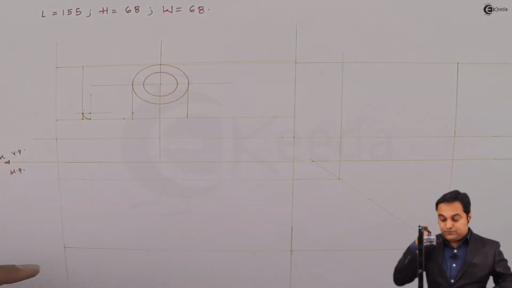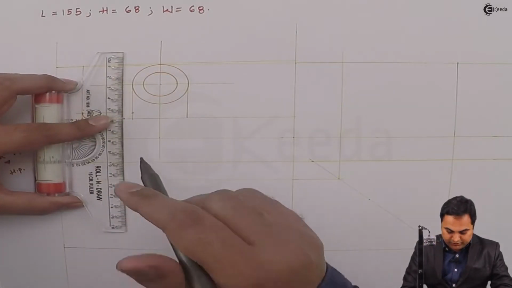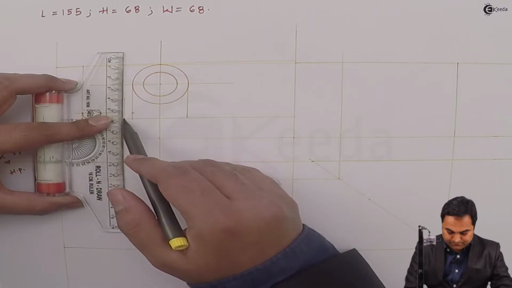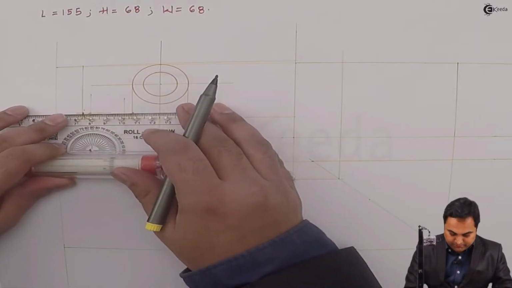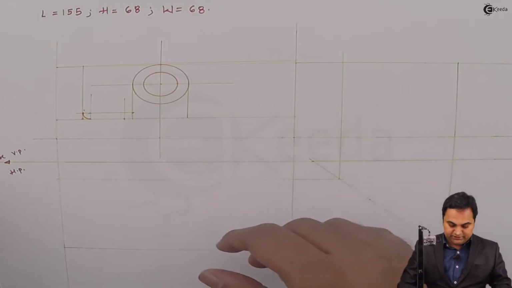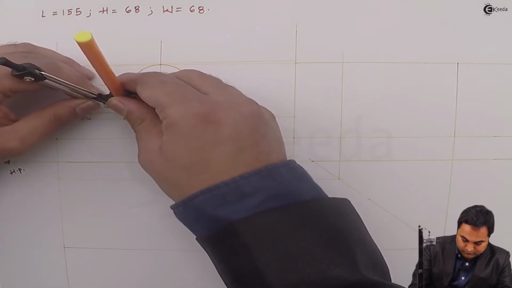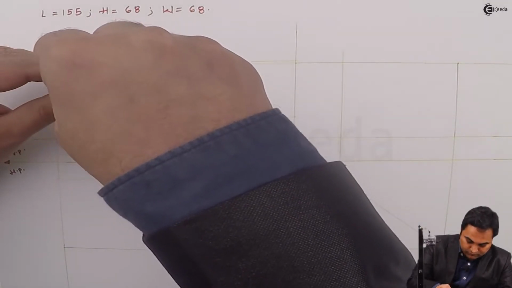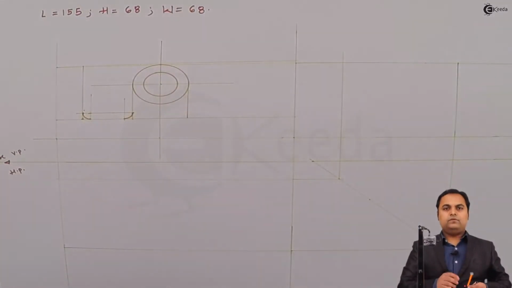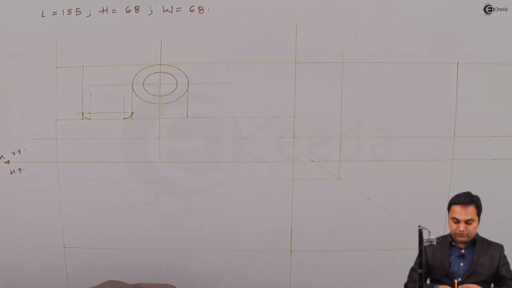From both these points, I am going to draw light lines, that is light vertical line and light horizontal line. So here I get the center. So here is that curved portion and it is there even on the other side.